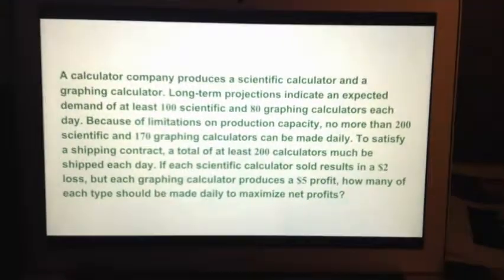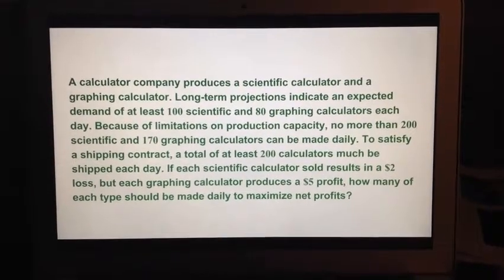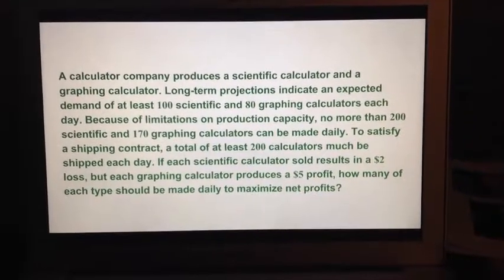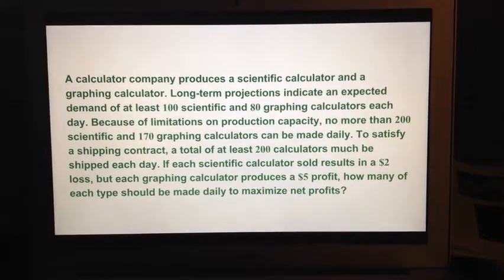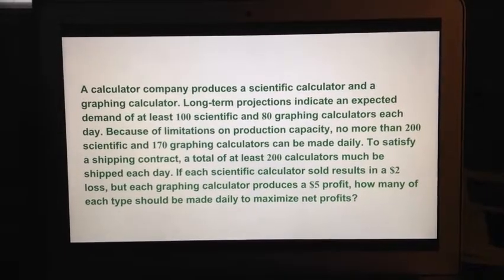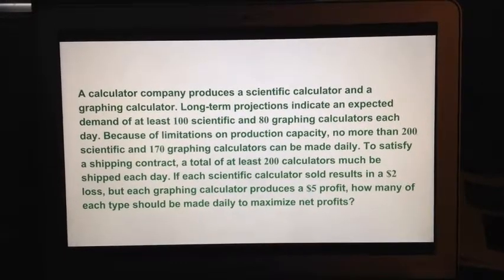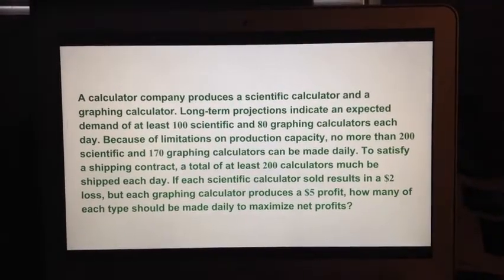Alright, so now moving on to our practice problems. A calculator company produces a scientific calculator and a graphing calculator. Long-term projections indicate an expected demand of at least 100 scientific and 80 graphing calculators each day. Because of limitations on production capacity, no more than 200 scientific and 170 graphing calculators can be made daily.